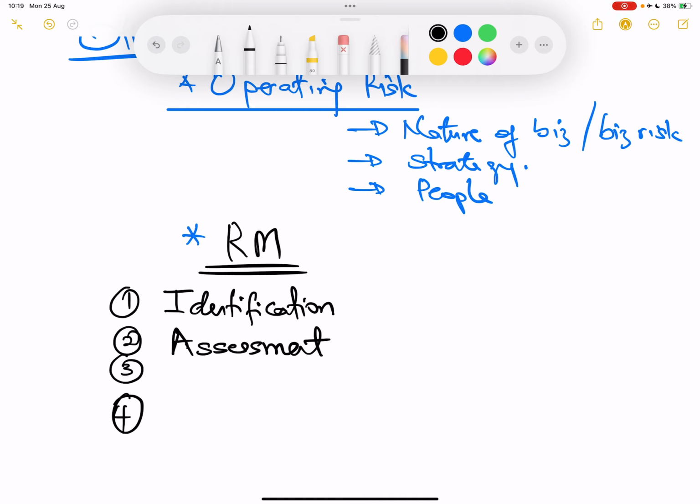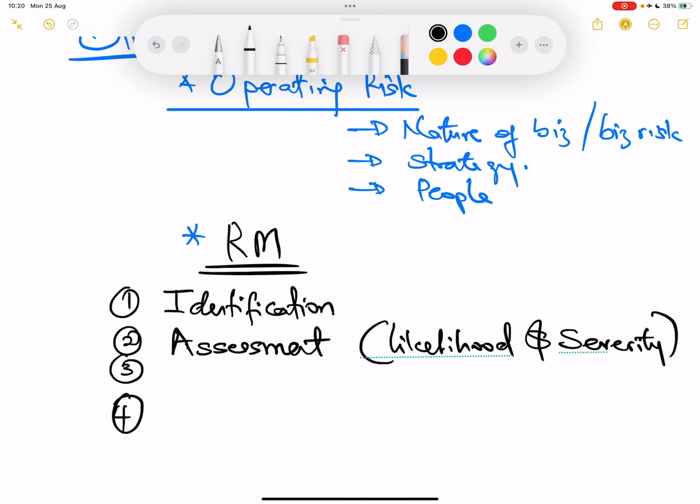Okay? So, what are you doing when you are doing assessment? You are checking the likelihood that the risk will actually crystallize, talking about the probability, and you're also checking if it crystallizes, what is the severity? Remember, we've touched on those concepts. So, how much impact? Severity is about impact.